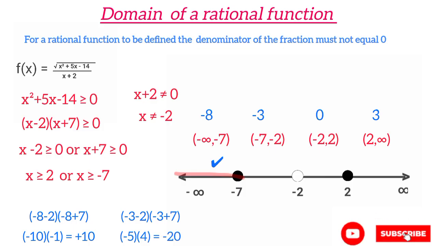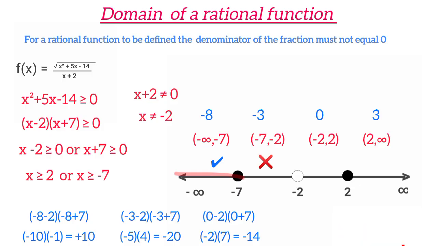Here, we have a negative number, and since we have a negative number, then this interval is not part of the domain. Substituting 0, we have minus 2 times plus 7, and that gives us minus 14. Since we have a negative number here, then this interval is not part of the domain.